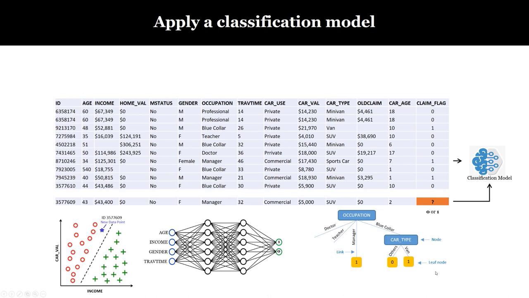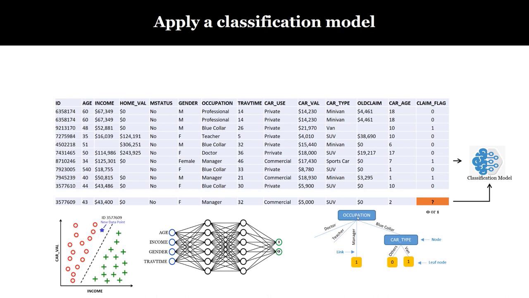Or it could be a decision tree. So this is another representation of a model. I'm sure most of you have heard of decision tree. So look at this example here. If we take occupation as a root here, then it has several variables.